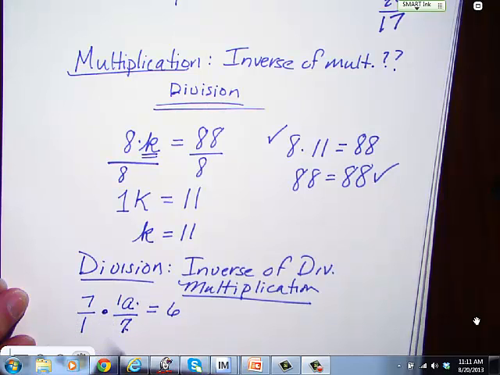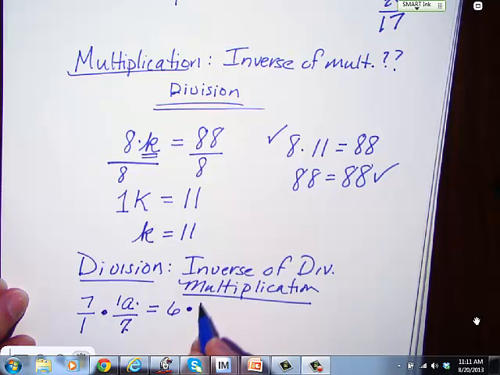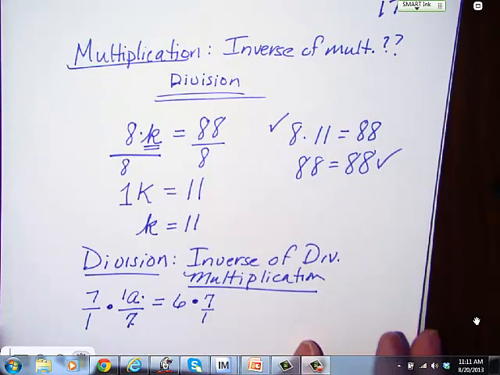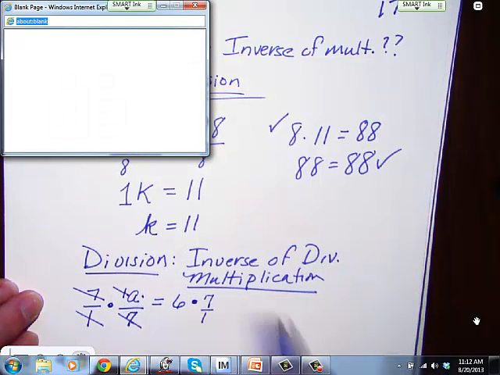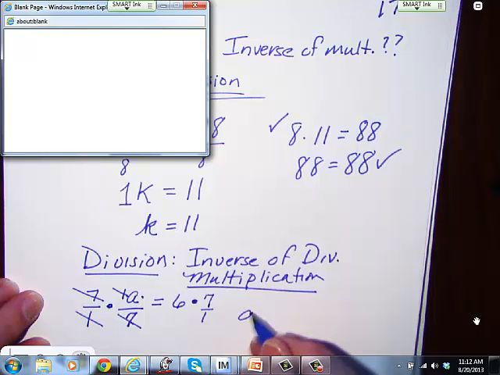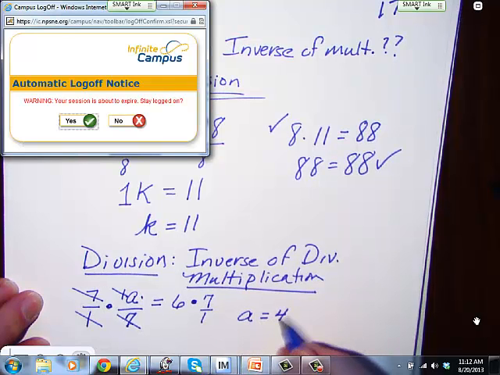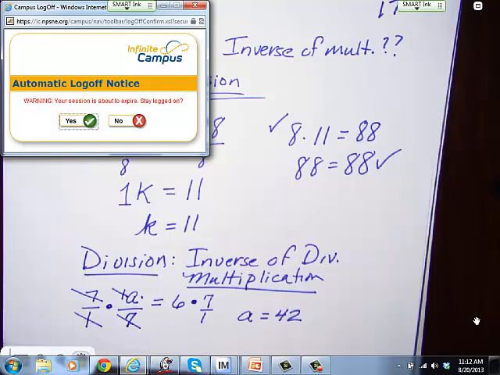We'll multiply this side times 7 over 1 and this side times 7 over 1. Well, 7 over 1 is just 7, and these guys cross reduce. We are left with a equals 42, which we already knew that a had to be 42 because 42 divided by 7 was 6. Okay?